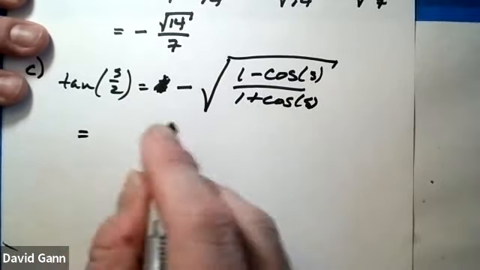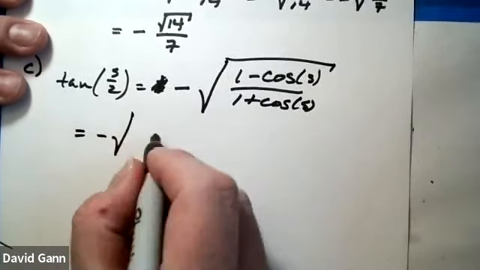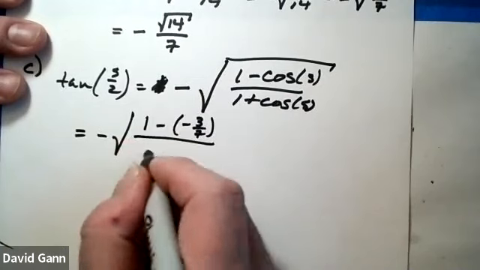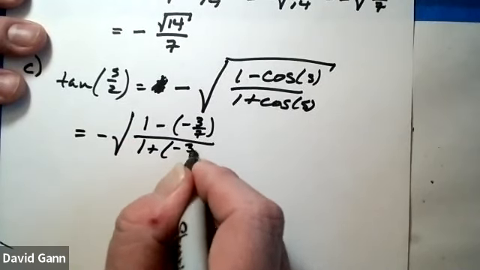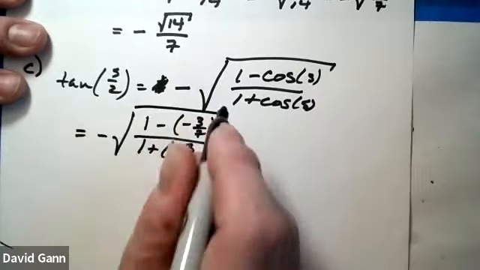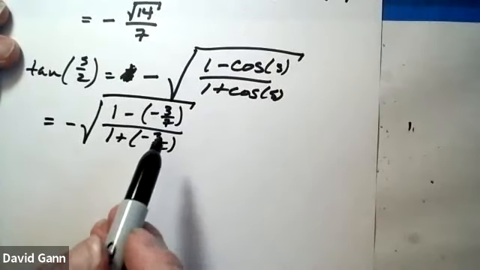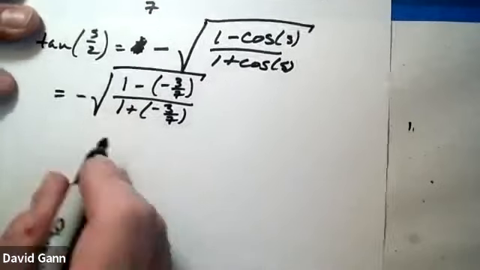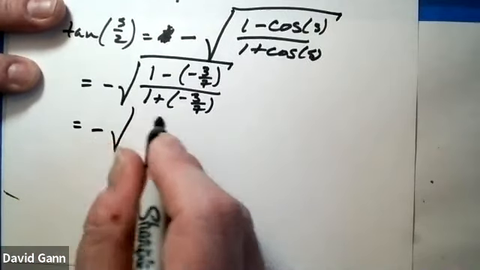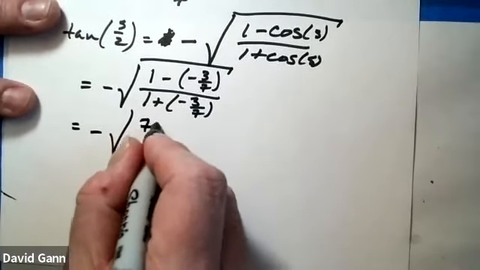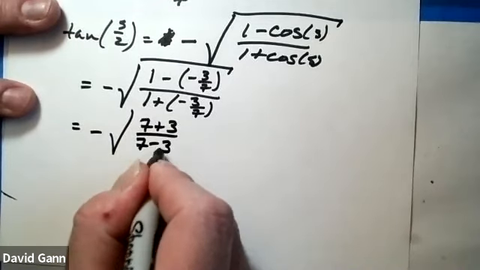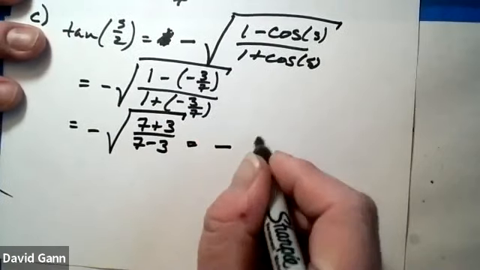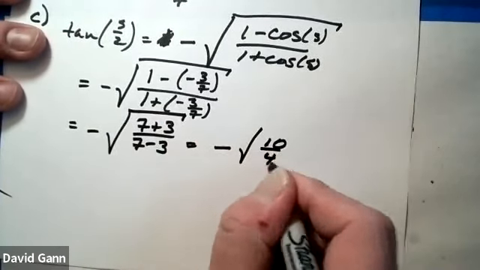And that will be the negative square root of 1 minus a negative 3 over 7 over 1 plus negative 3 over 7. Simplifying this again by multiplying all these terms by 7, we get negative square root of 7 plus 3 over 7 minus 3, which happens to be the negative square root of 10 over 4.